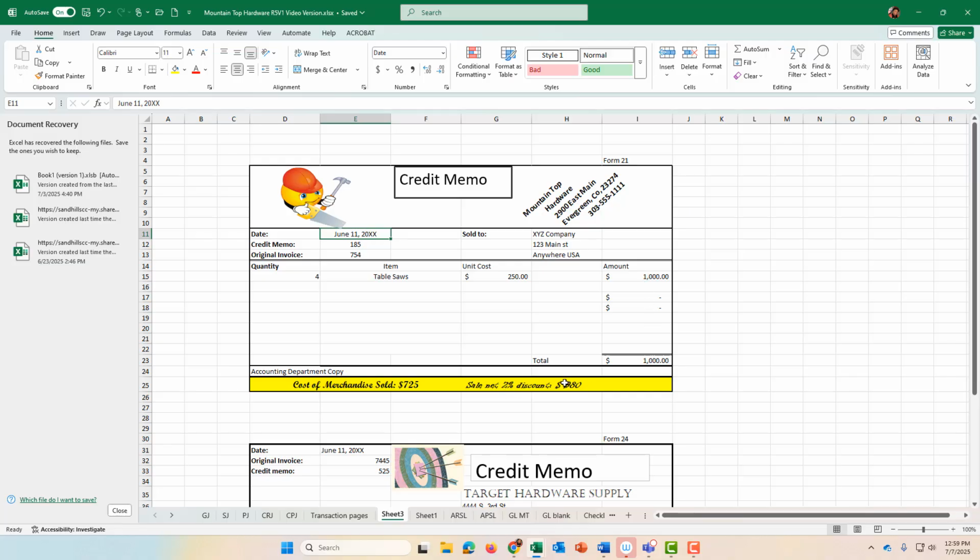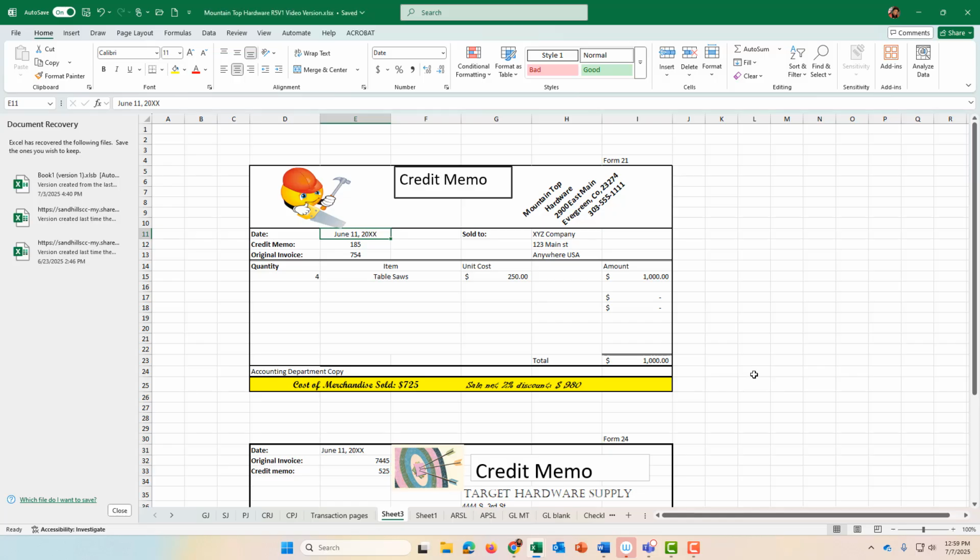We offered them a discount, so the total would have been $980. And those 4 table saws cost us $725. So let's talk about how we are going to record the fact that we have received this inventory back into our asset account, and these people no longer owe us this money.